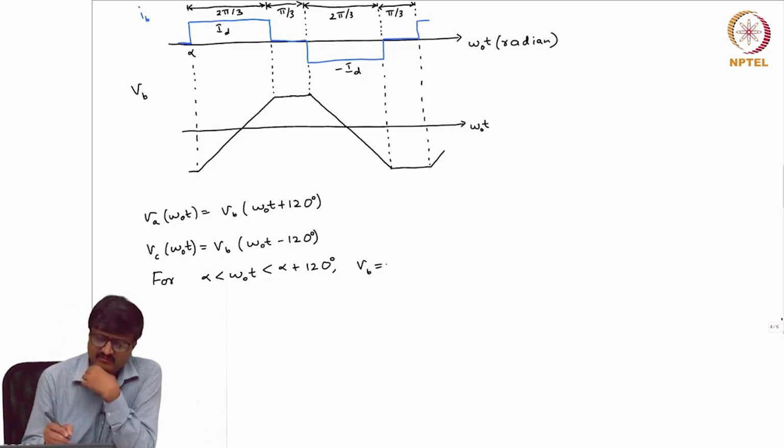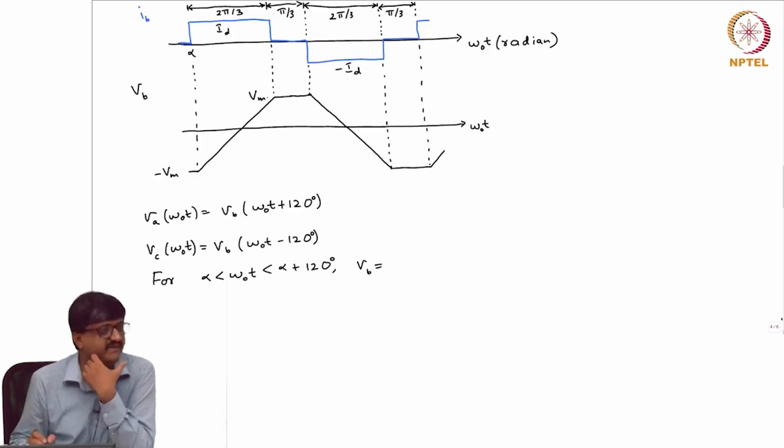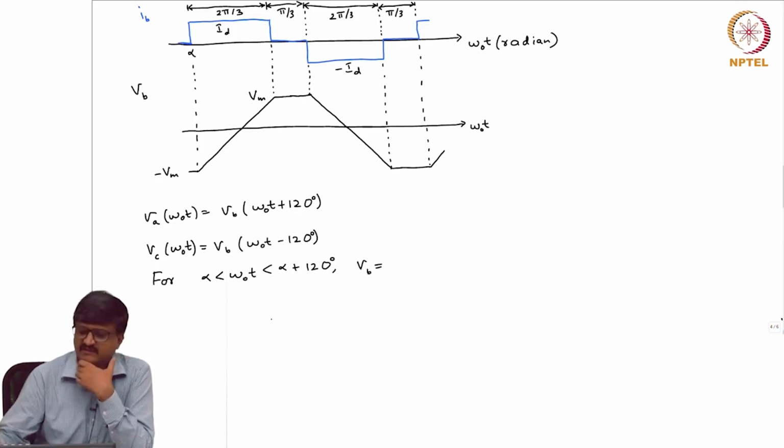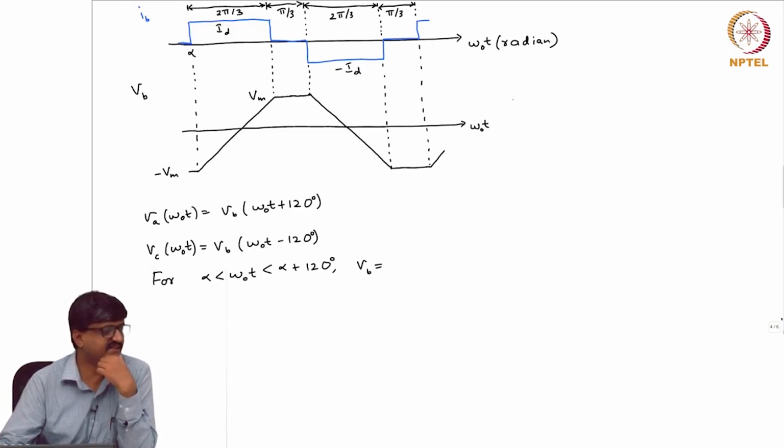What I will do is denote this minimum value as minus Vm, where the maximum value is plus Vm, and Vm is positive. Of course, we can get an expression for Vm itself in terms of ID, C and omega O. What is the relationship between Vm, ID, C, omega O?